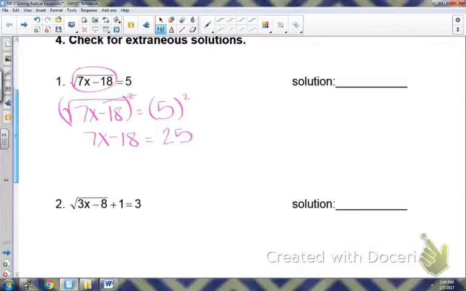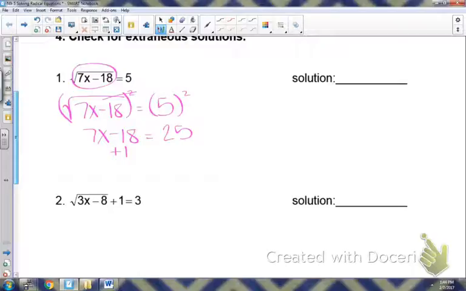From here, we're going to add 18, so we end up with 7x equals 43, and divide by 7.